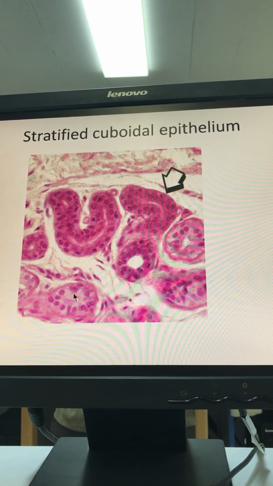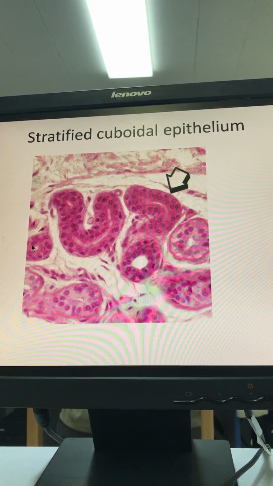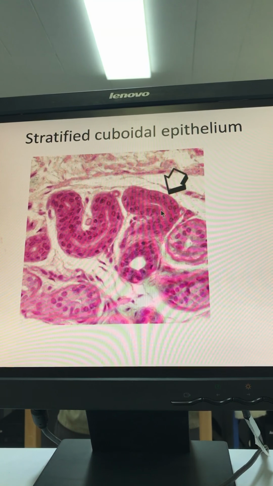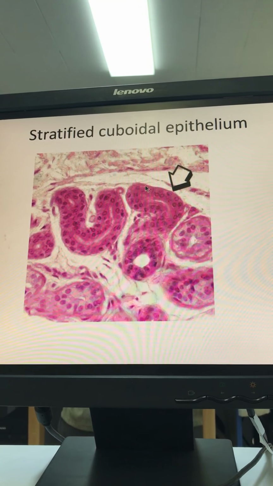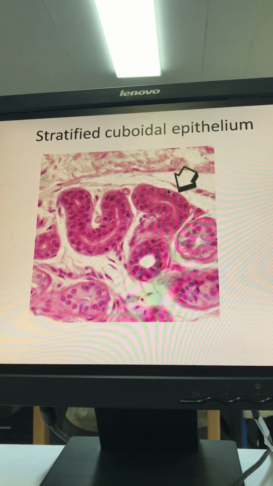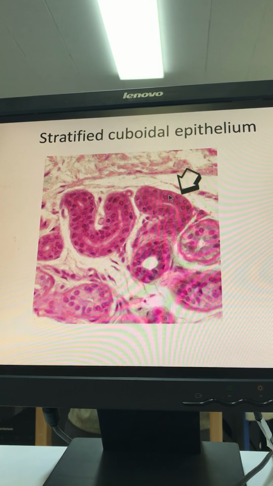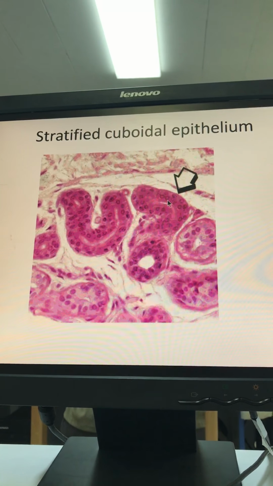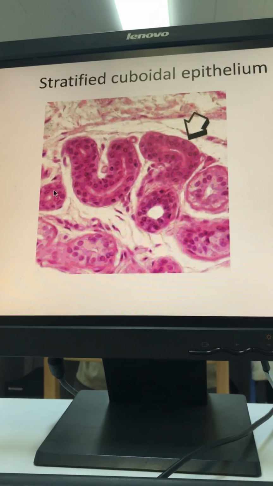Again here simple cuboidal. If we look at this structure, this is the lumen of my structure. Here the basement membrane. Let us count here. From the basement membrane to the surface, we have two cell layers. I can see two nuclei. Here also two nuclei.